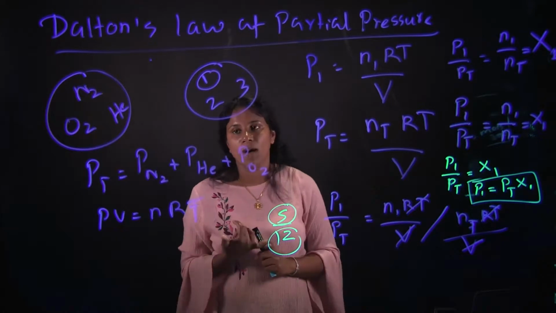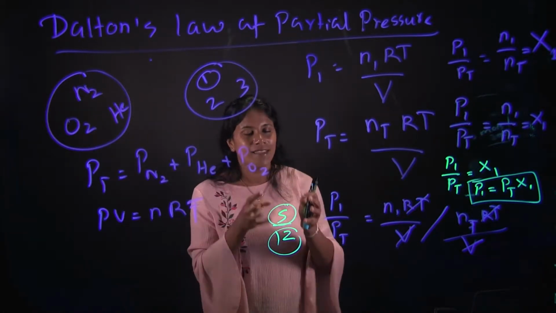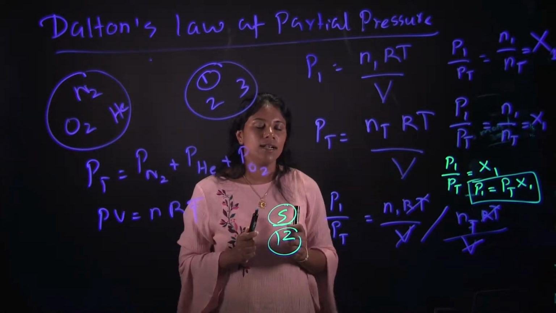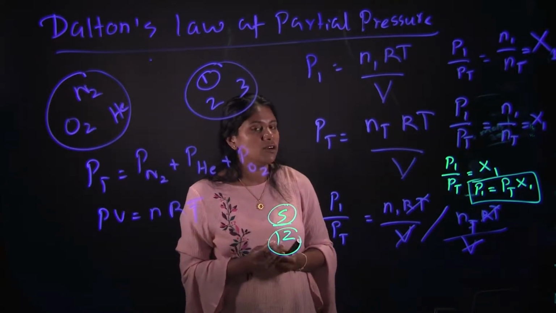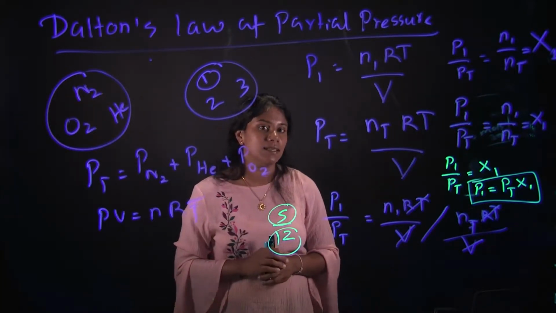In Dalton's law of partial pressures, we learn that when there is a mixture of gases, the total pressure equals the pressure of each individual gas present in the mixture.